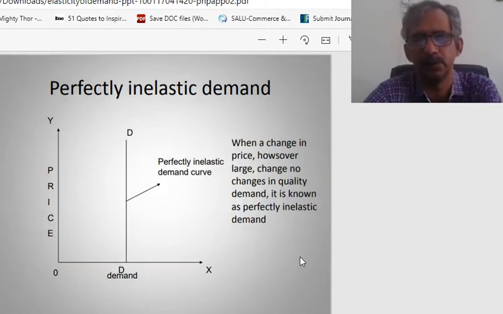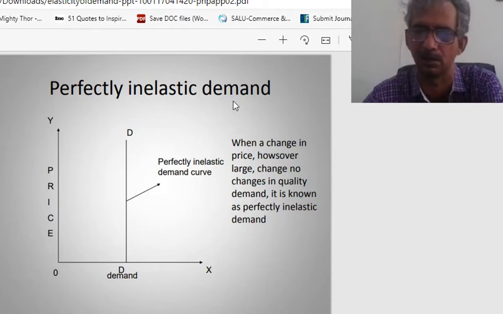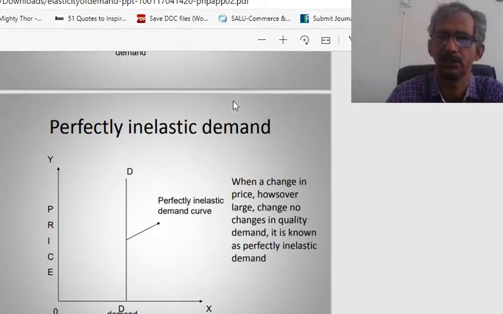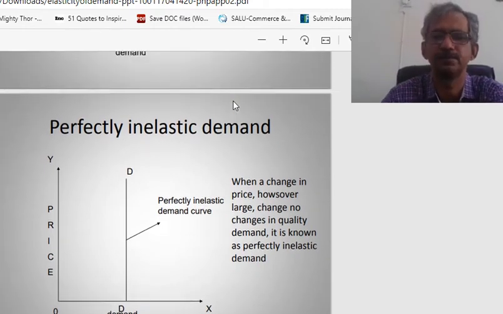Another kind of the elasticity is the perfectly inelastic demand. So we simply say that perfectly inelastic demand is that demand when a change in price, however large, whatsoever the price changes, no changes in quantity demanded.